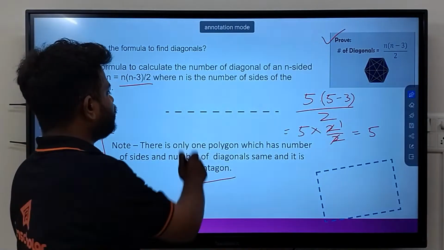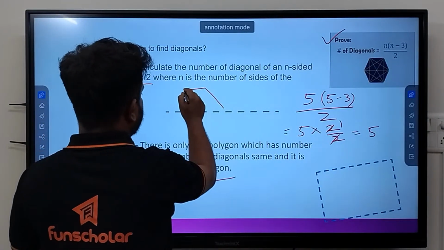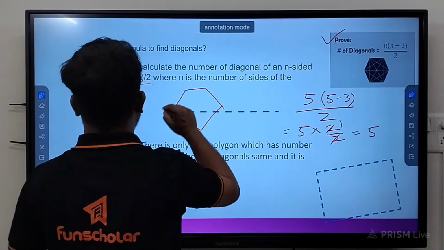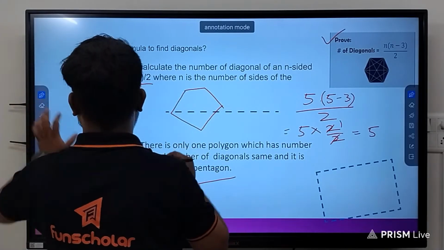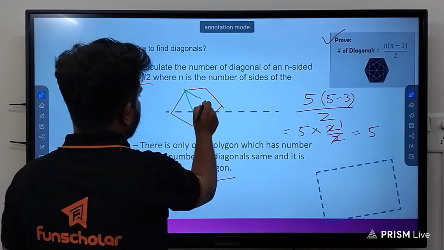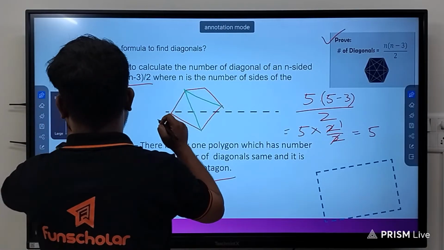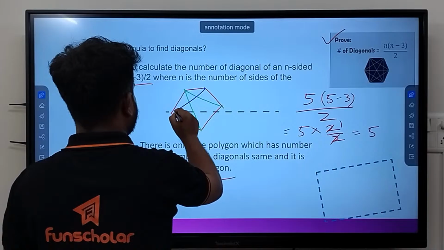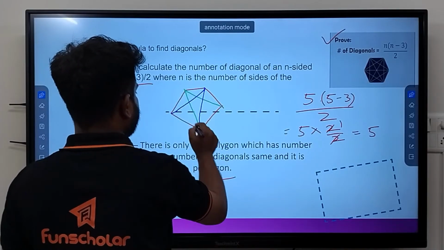So if I draw a pentagon, the pentagon will also have 5 diagonals. If you start from here, it will go here and here. If you start from here, it will go here and here.